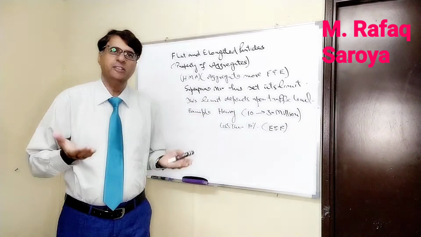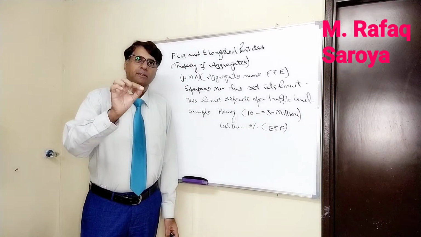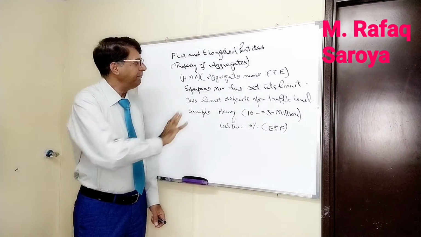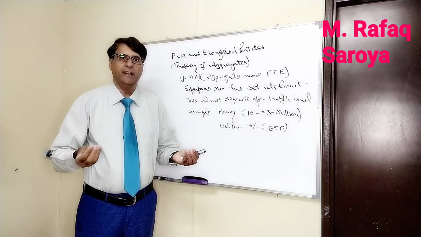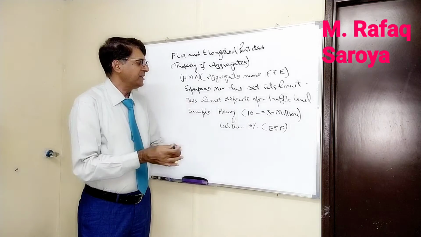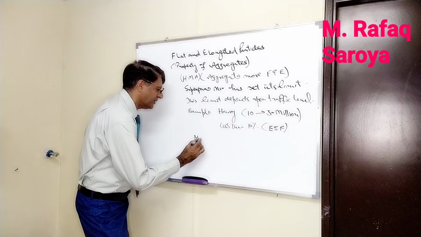Now the next question arises: how will we find out these flat and elongated particles? After giving this brief introduction of what the flat and elongated particles are and how much the specification limit is, next I would like to tell you the method for the determination.